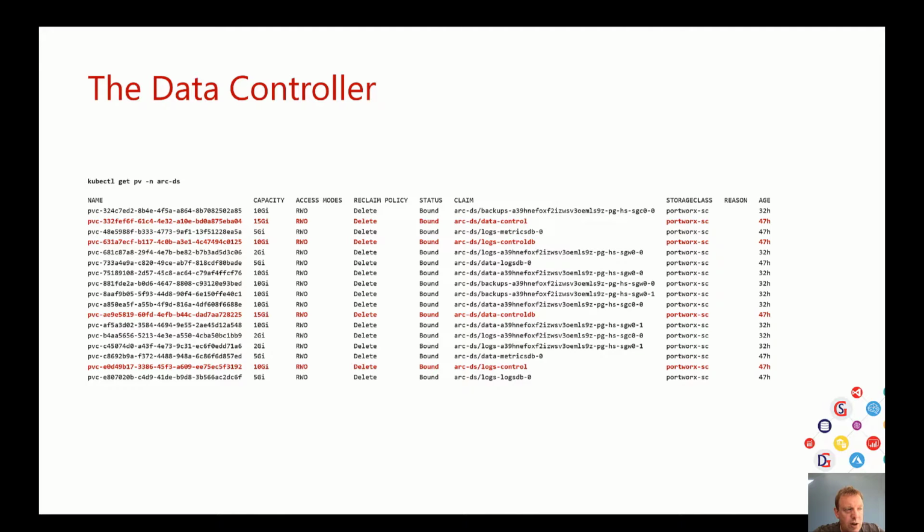Okay, so what you need to consider is if, for example, your data controller pods need to move from one worker node or one compute plane node to another, does the state associated with that pod move with it?